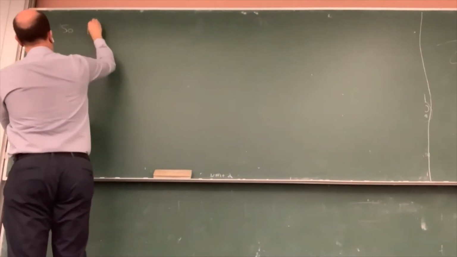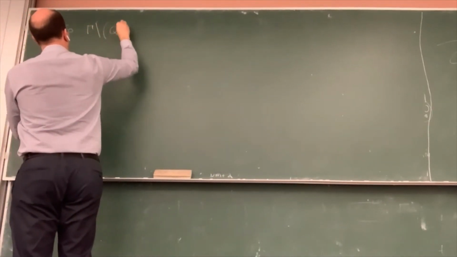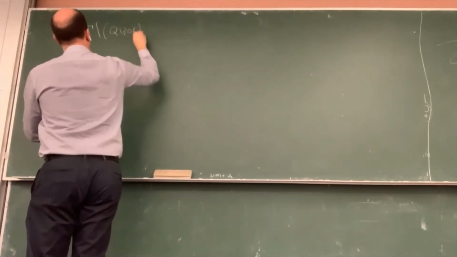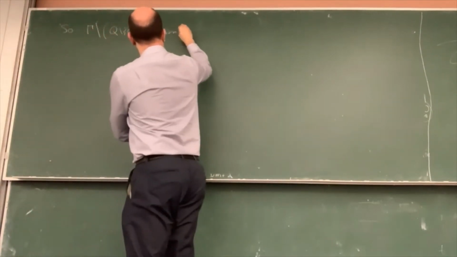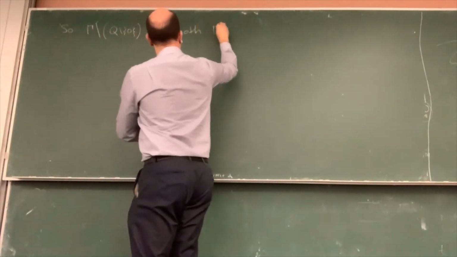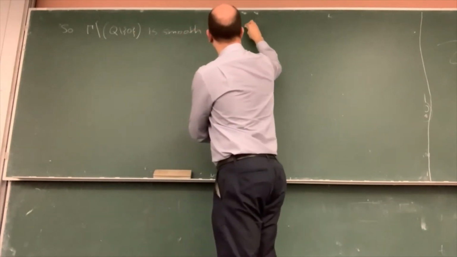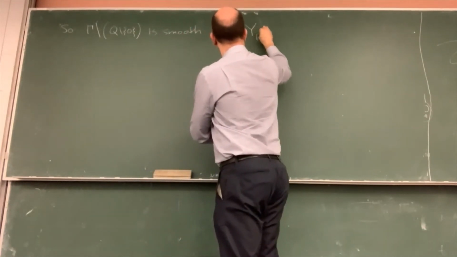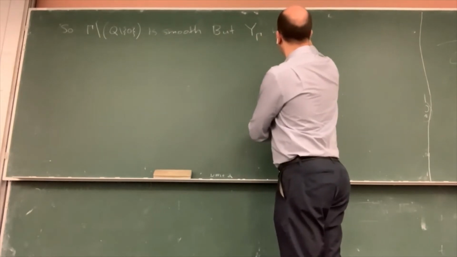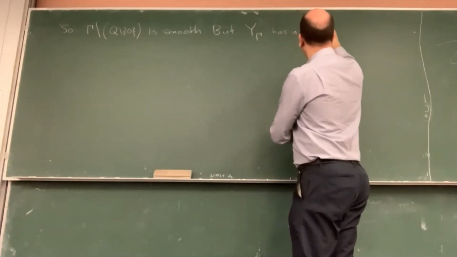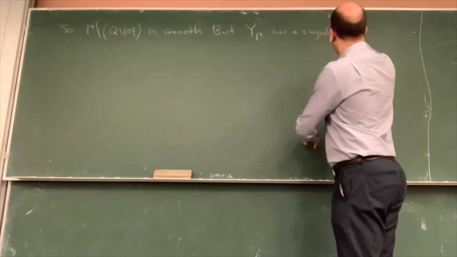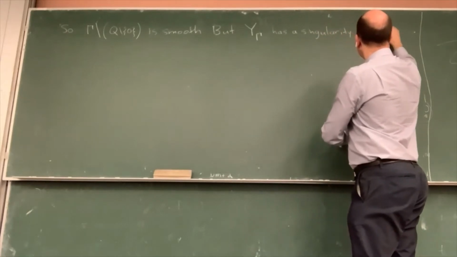So the result of this is that that quotient is smooth, but Y gamma as a whole has a singularity at 0.